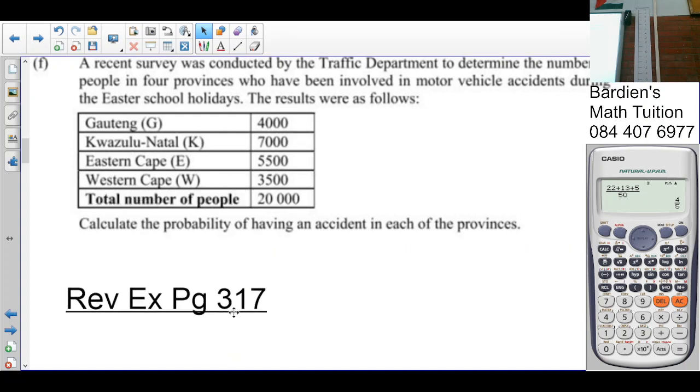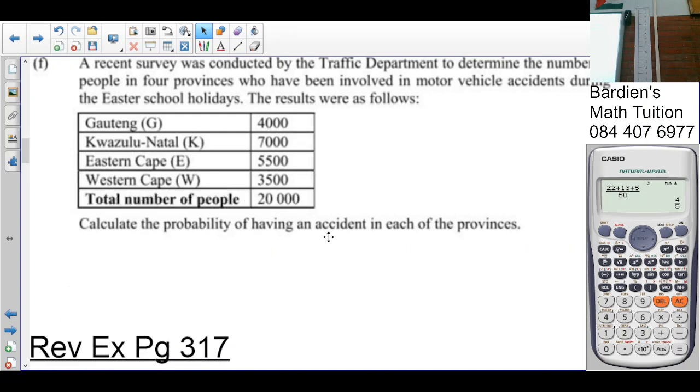We are told that a recent survey was conducted by the traffic department to determine the number of people in 4 provinces who have been involved in motor vehicle accidents during the Easter holiday. The results were as follows. Gauteng, 4,000. KZN, KwaZulu-Natal, 7,000. Eastern Cape, 5,500.